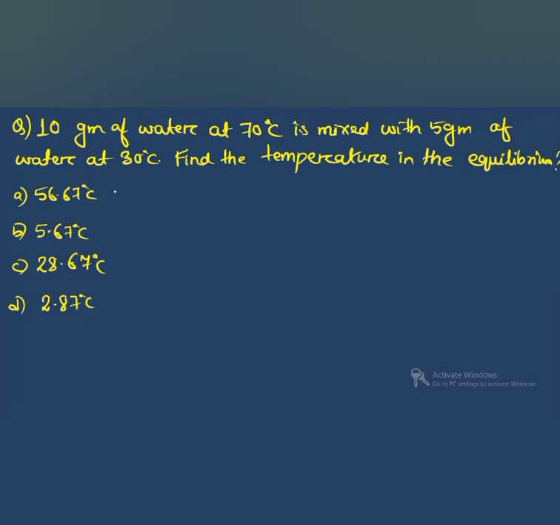Here it is said: 10 gram of water at 70 degrees Celsius is mixed with 5 gram of water at 30 degrees Celsius. So you can write M1 equals 10 gram, T1 equals 70 degrees Celsius. It is mixed with 5 gram of water, so M2 equals 5 gram, and T2 equals 30 degrees Celsius.